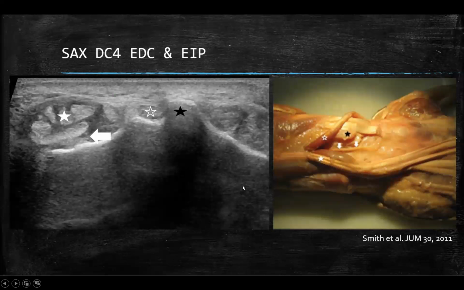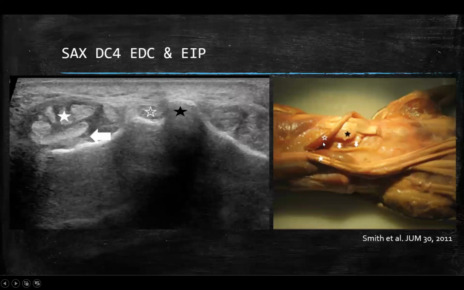So there are three members of the fourth dorsal compartment. There's extensor digitorum communis, extensor indicis proprius, and then the posterior interosseous nerve. All these are significant.